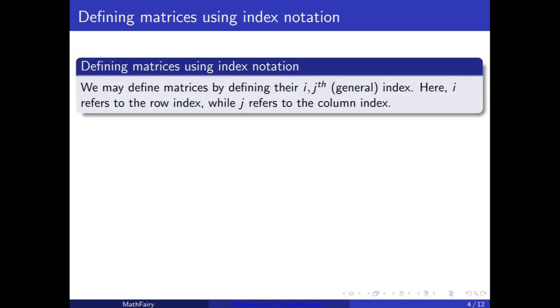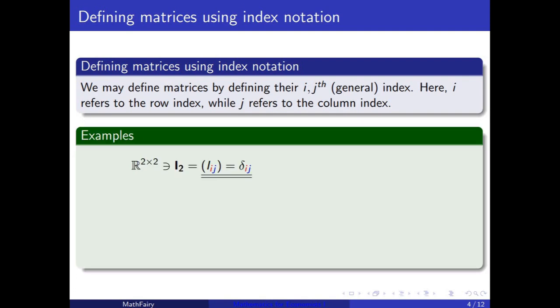Just as with vectors, we also like to define matrices using formulas for their general entry. The first index, usually i, refers to the row, and the second index, usually j, refers to the column index. One example could be that we can define the 2 by 2 identity matrix, which we just saw earlier using our Kronecker delta.